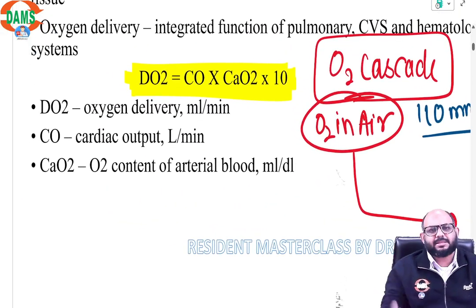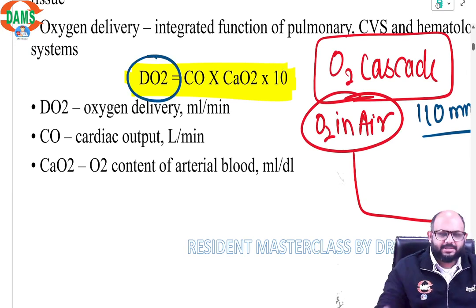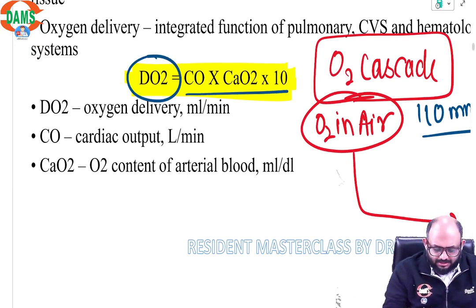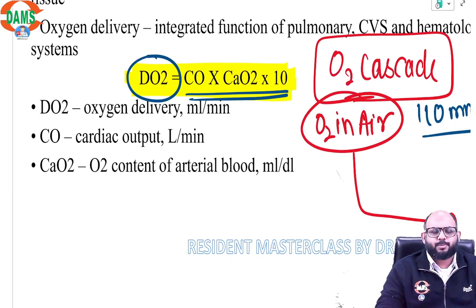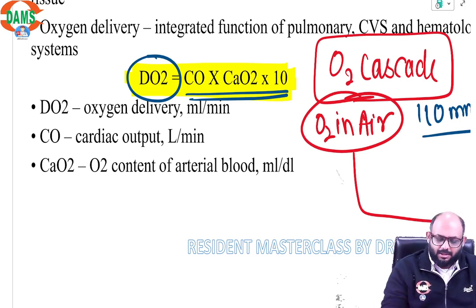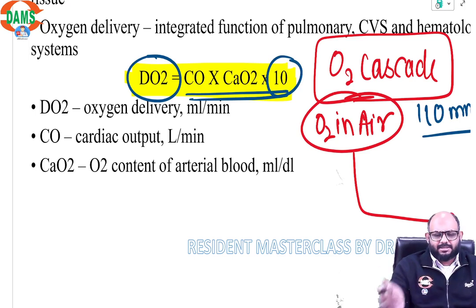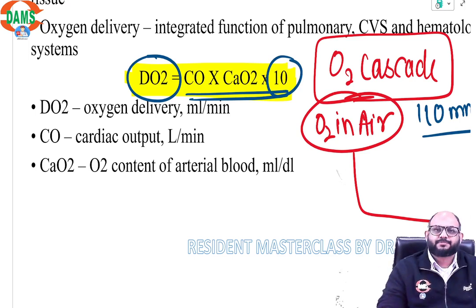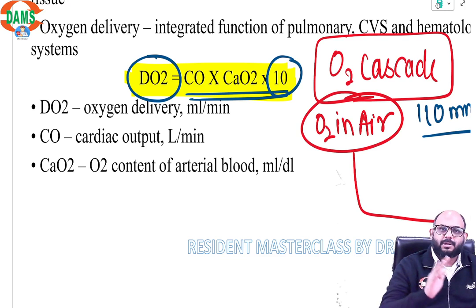And this oxygen that is being delivered, DO2, is the global delivery of oxygen. It's a combination of cardiac output, that is the ml of blood which is pumped by the heart per minute, multiplied by the oxygen carrying capacity of the blood into 10, because deciliter is converted into liter. All right. So it is global oxygen delivery.